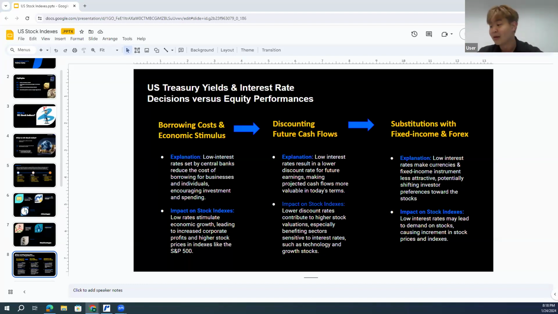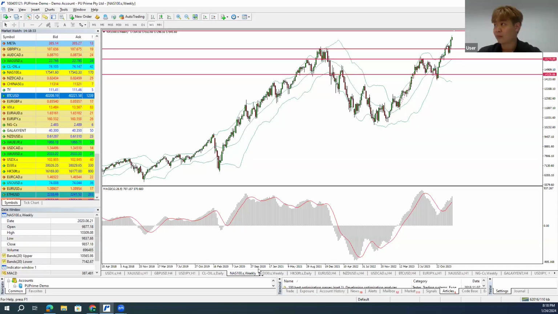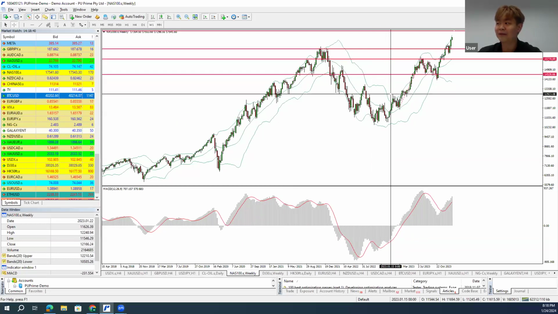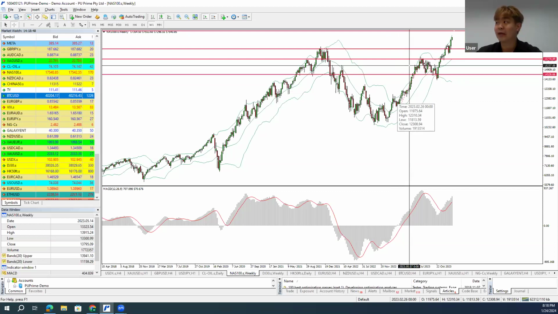If you look at the news, interest rate decisions will affect gold movement and the dollar movement, but do you know they will also affect the US equity market aggressively? So let's look at the charts. This is the Nasdaq chart. You can notice the overall trend for the Nasdaq since 2022 or 23: after the Federal Reserve considered cutting interest rates or maintaining low interest rates, the US equity market kept increasing.